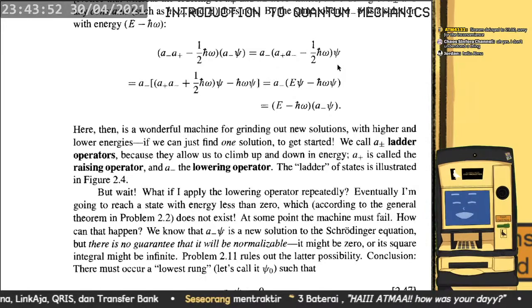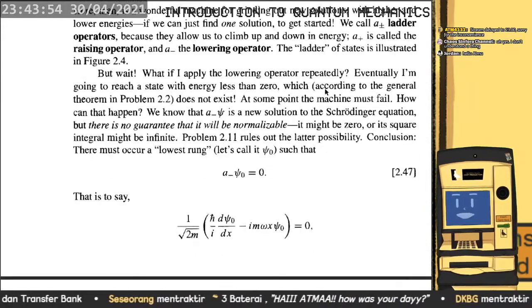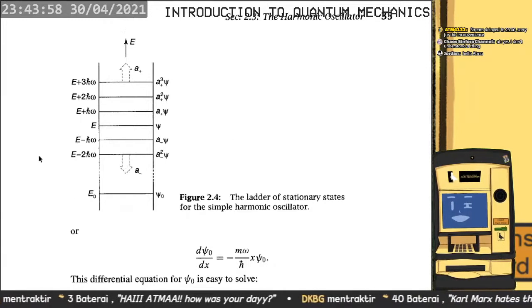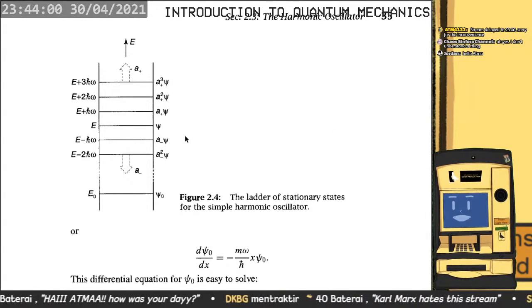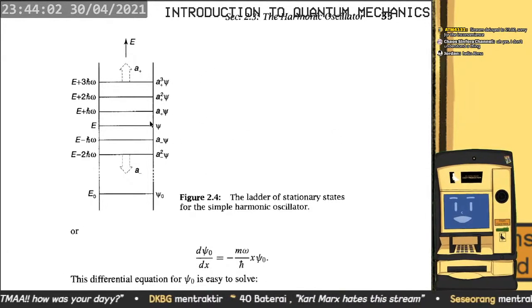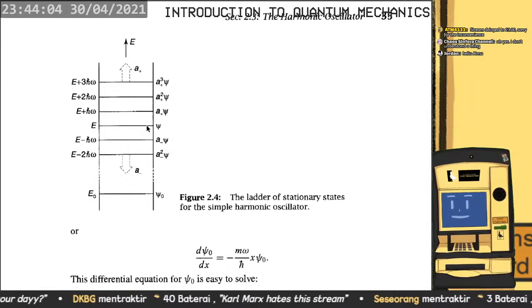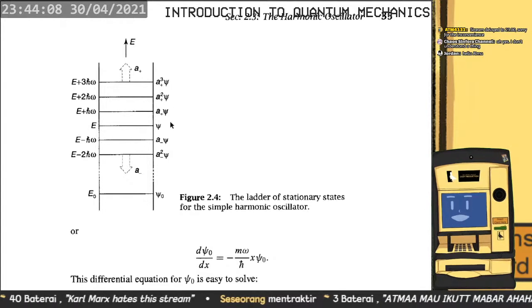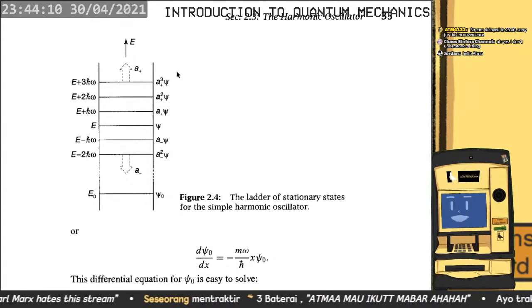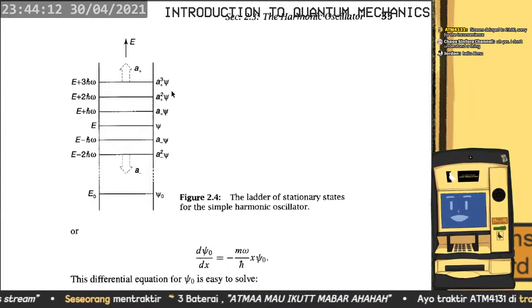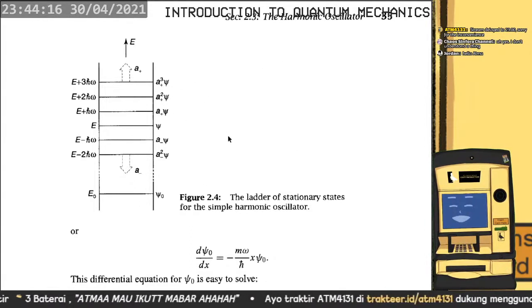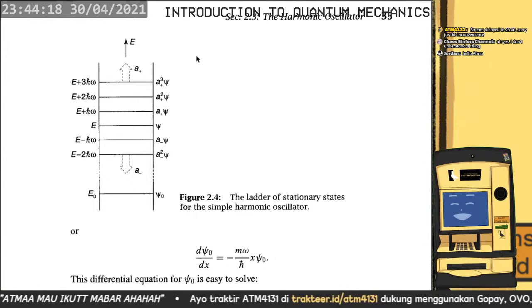The ladder of states is illustrated in figure 2.4. So this is the ladder operator. To raise, you just multiply by A plus. If you want to lower it, just multiply with A minus. I almost said A minor.